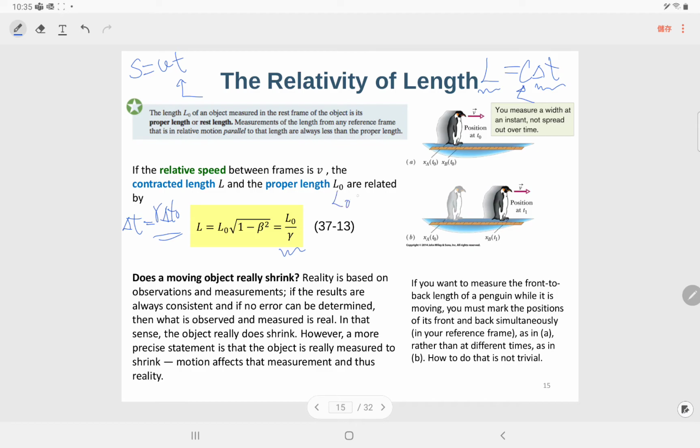Suppose L0 and delta t0 are equal to L and delta t. It's just like you measure the length by the speed of light and the time. So the time is delayed, and in the other way, the length should be contracted.